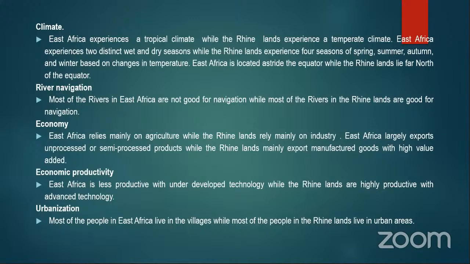You might find these are areas with no electricity, but some villages have electricity, but they don't have piped water. But in the Rhinelands, people live in urban areas.